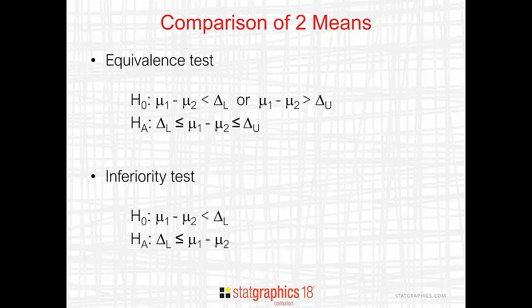We'd like to be able to reject that null hypothesis in favor of the alternative, and if we can, then we'll say we have demonstrated equivalence between the means. The non-inferiority test is similar, except you have only a single limit. So you'd like to show, for example, that the difference between the means is no less than minus 10% or something like that.